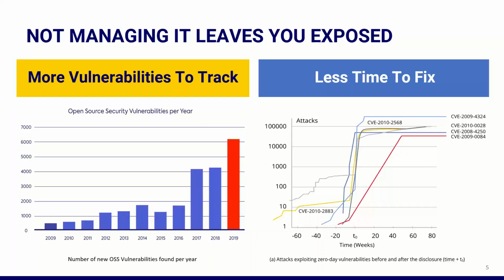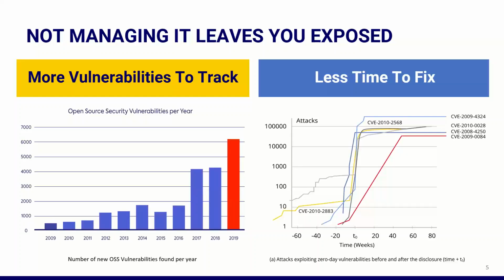And we can see for specific CVEs here, we have less and less time to basically solve the vulnerability. So the good news is that at the moment the open source vulnerability is published, about 95% of the time, it's published with the fix itself.